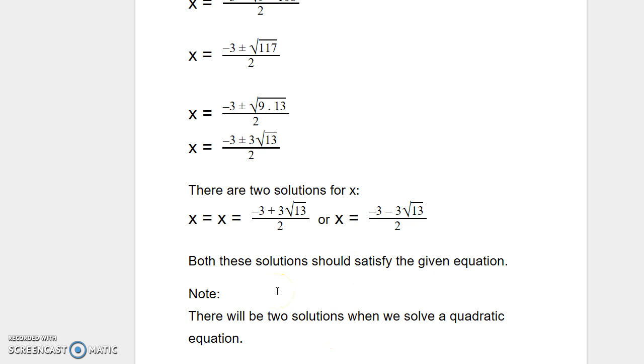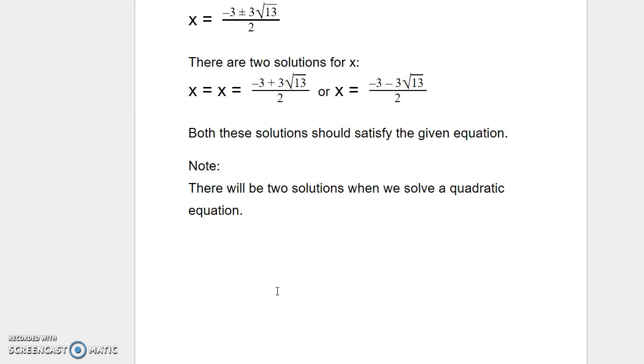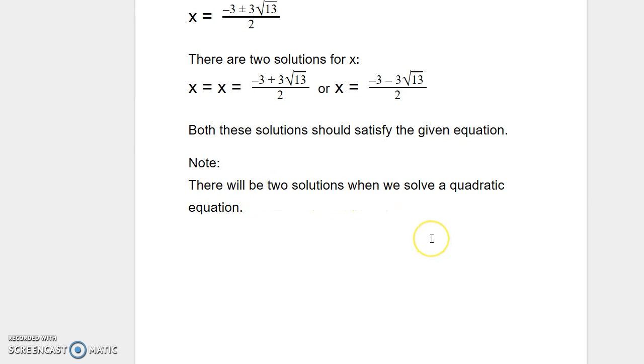Both these solutions satisfy the given equation. As a note, I want to mention here, there will be two solutions whenever we solve a quadratic equation. In my next video presentation, we will be solving more problems using the quadratic formula.